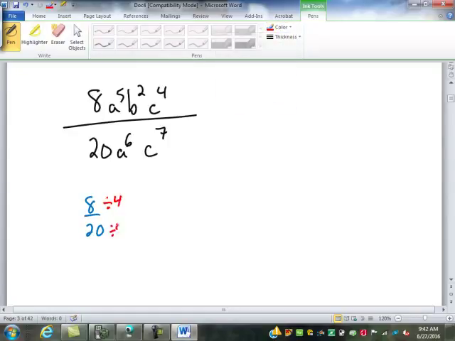4. Very good. If I divide by 4, what's 8 divided by 4? It is 2. What is 20 divided by 4? 5. So now my numerical part is 2 over 5.